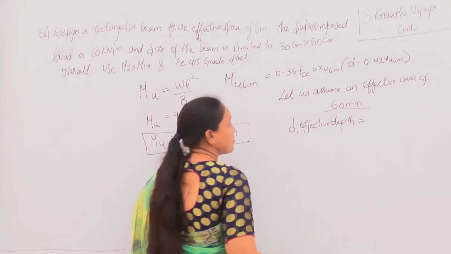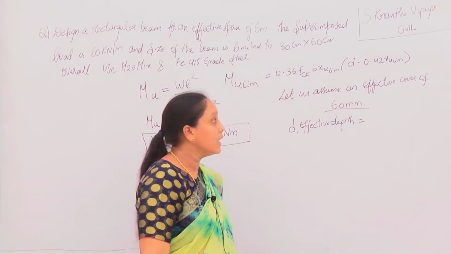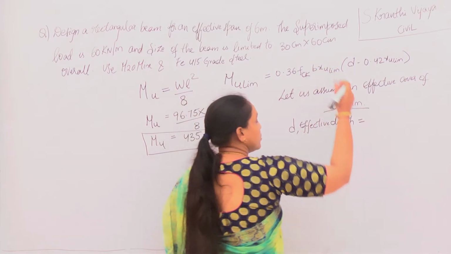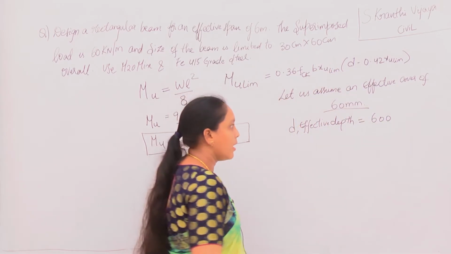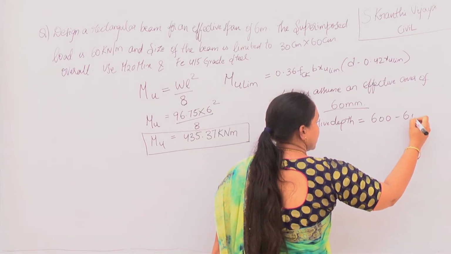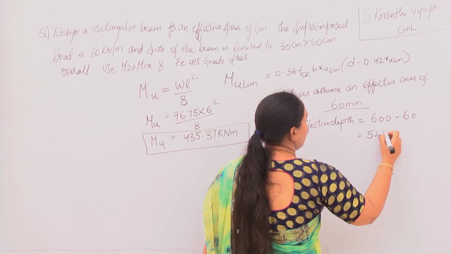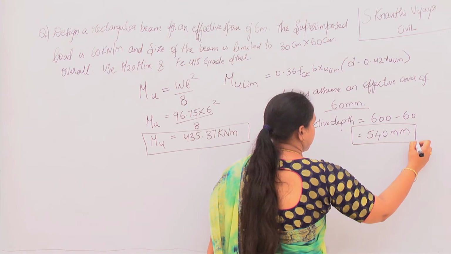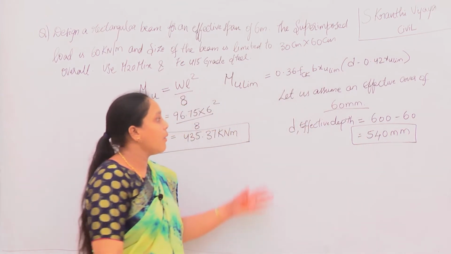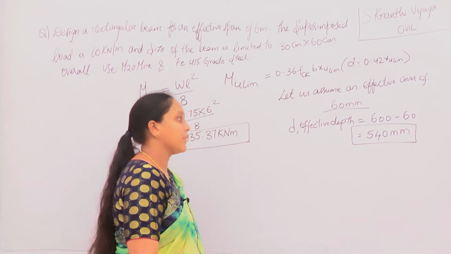D will be equal to the overall depth minus the effective cover. The overall depth is 600 mm, minus 60 mm, which gives the effective depth of 540 mm. So now I have got the value of the effective depth D as 540 mm.